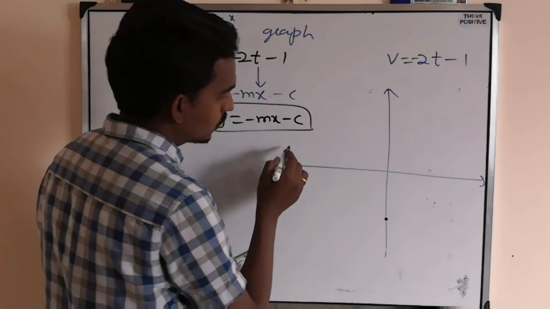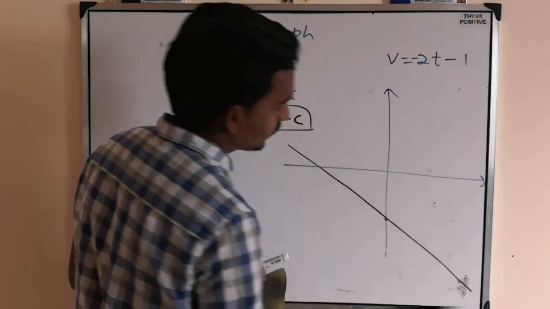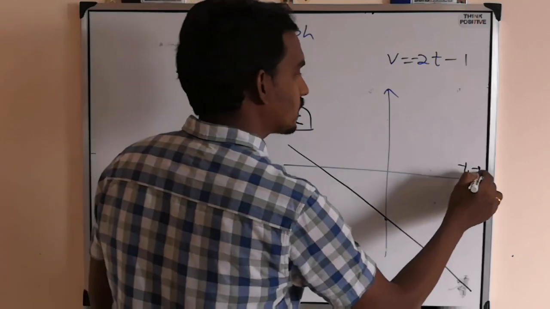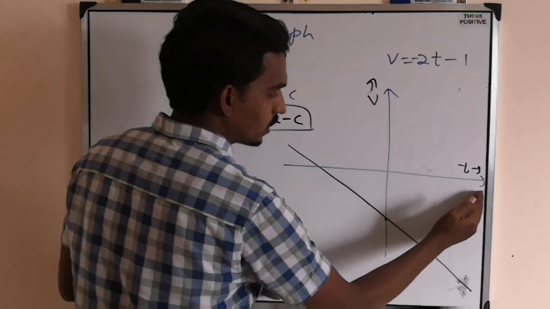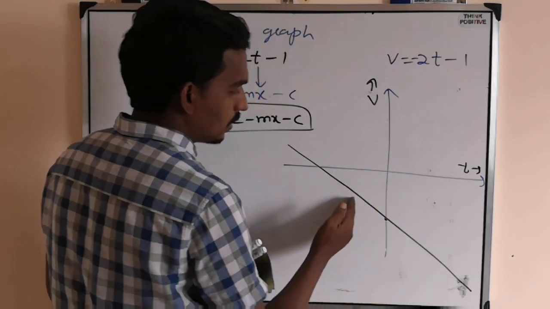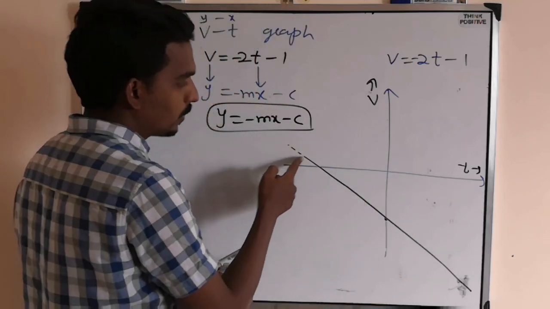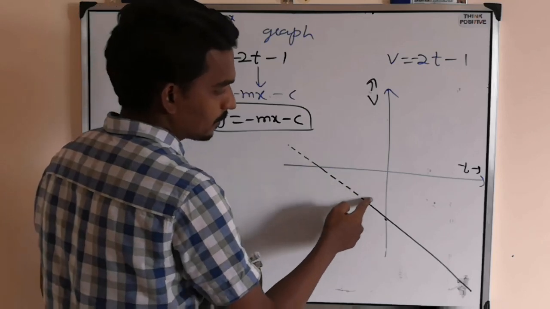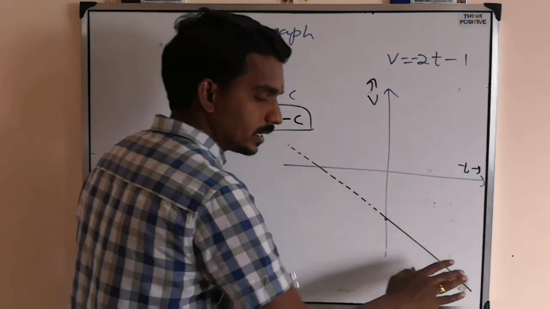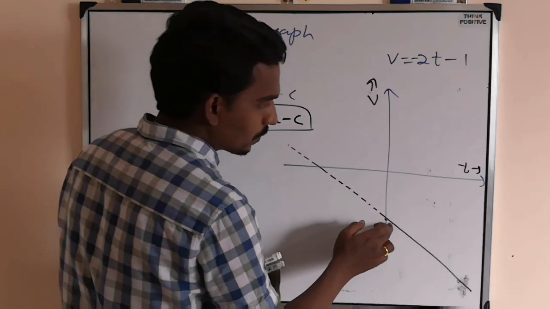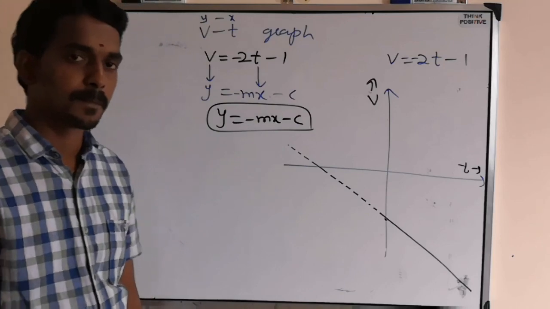So we will take it like this. Now this is the time axis, this is velocity. But I said already, this is positive time. This exists, but this will not exist, so you have to make it dotted lines, because this graph does not exist. Even though it is in this form, the graph exists from this point only.